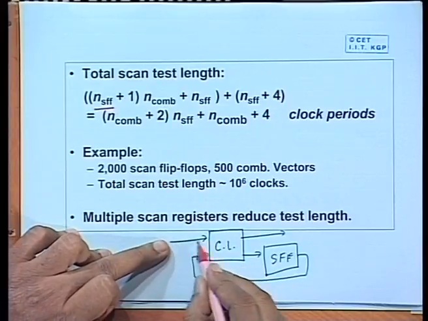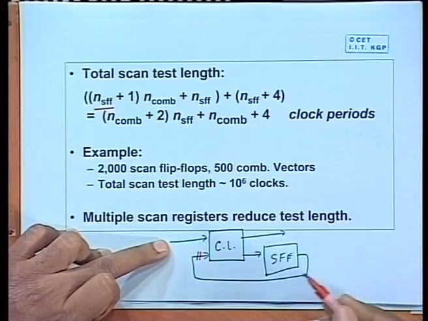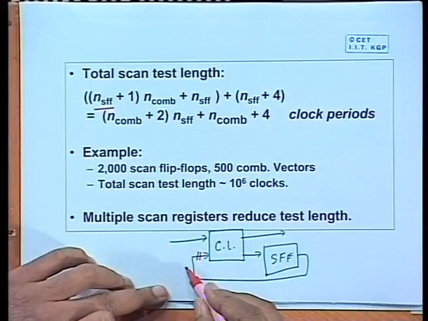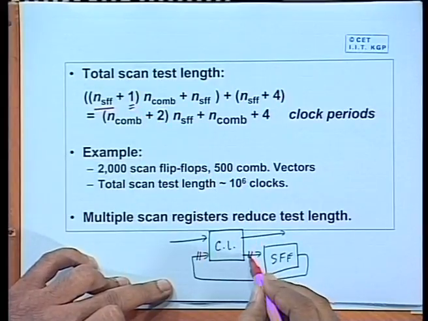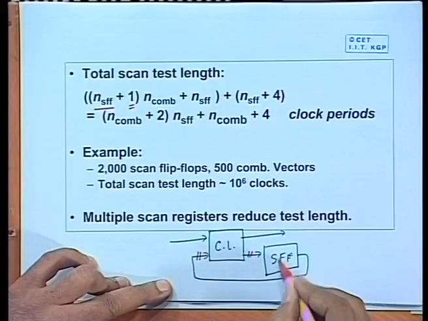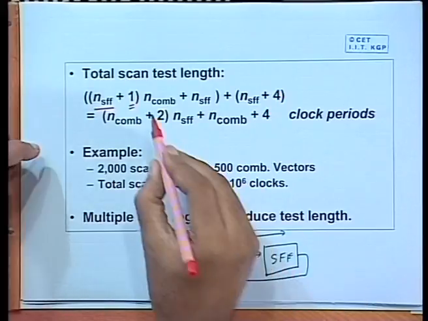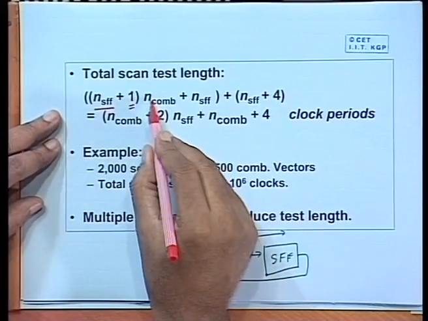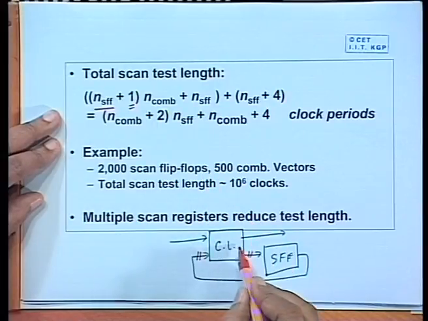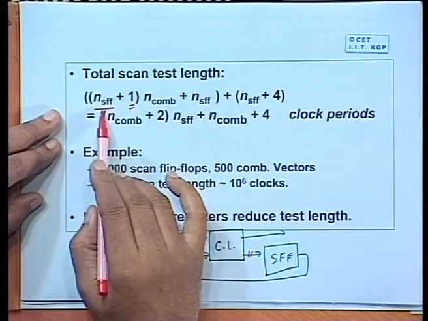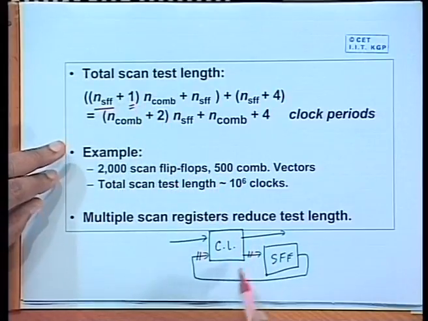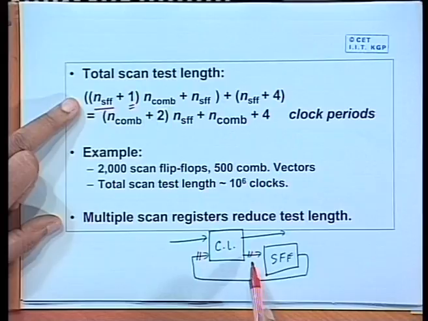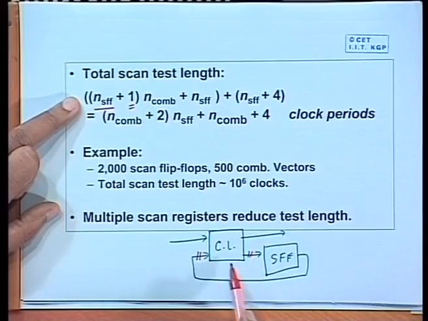Then at the same time you can apply the primary input, and then you will have to apply one more clock pulse, this one, so that the output value, new value gets latched into these flip flops. So, if n comb denotes the number of combinational test patterns, then NSFF plus 1 into n comb, this is the total number of clock pulses you need to apply the test patterns.